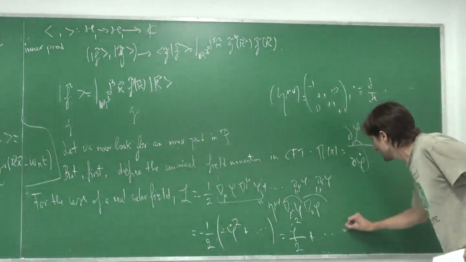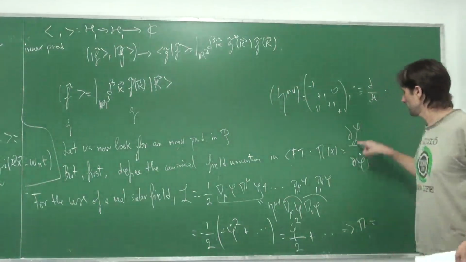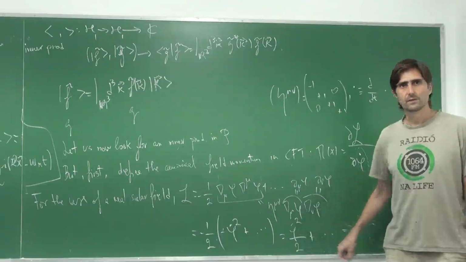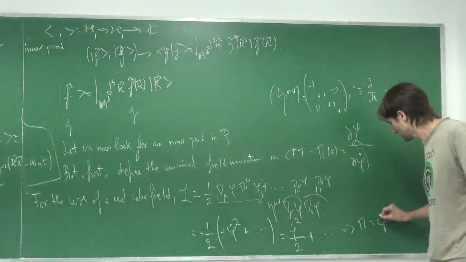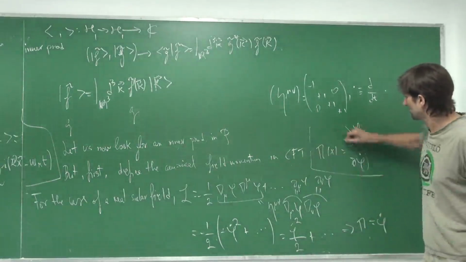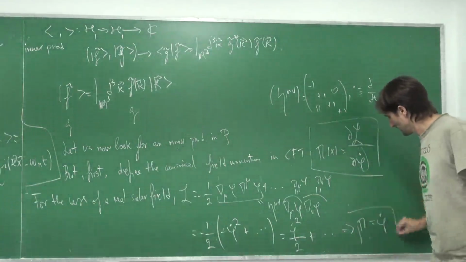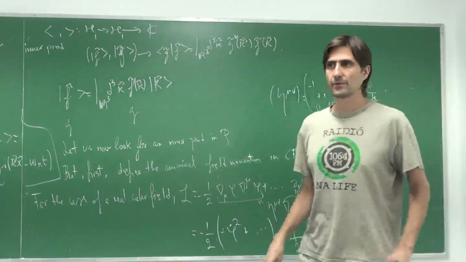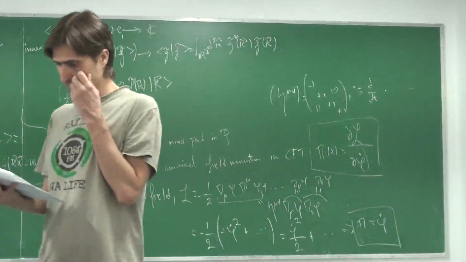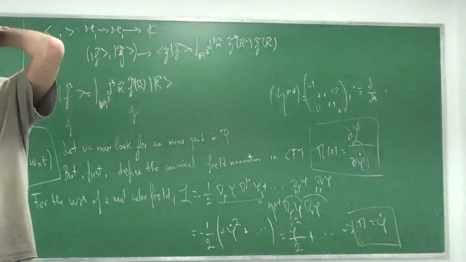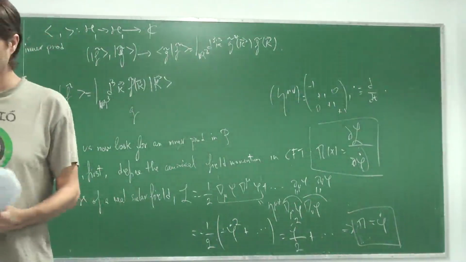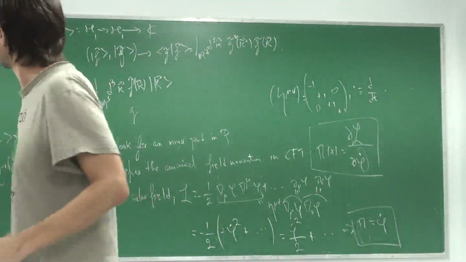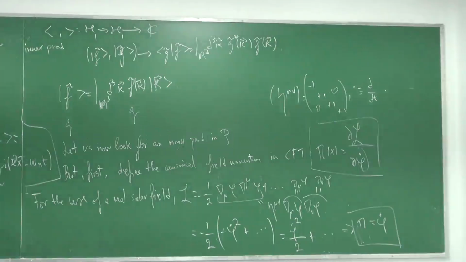And so that tells you the momentum is just phi dot, for the particular case of a real scalar field. Any questions?